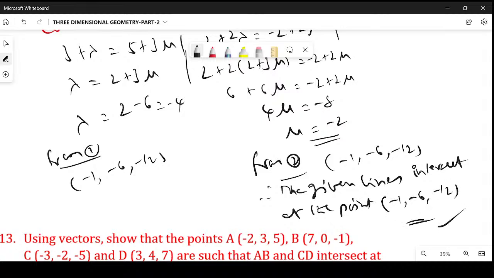Like this we can do that. How did you get this one? Substitute the value of lambda in equation 1 and mu in equation 2. We get the same point. That is the reason the given lines intersect at the point minus 1, minus 6, minus 12.